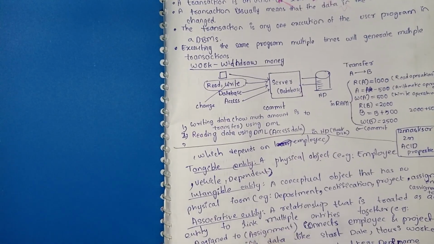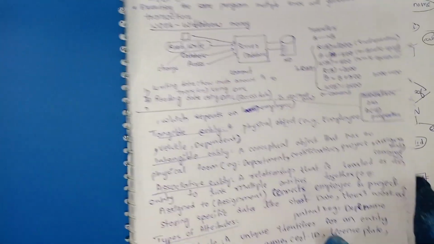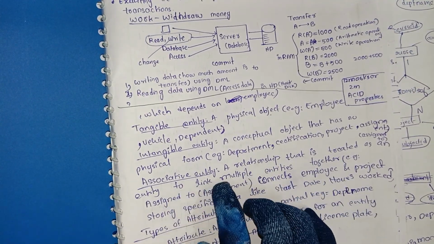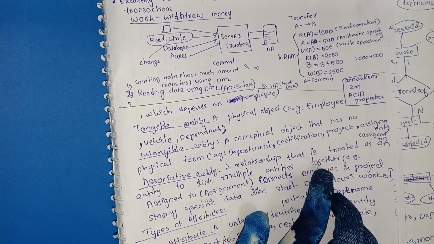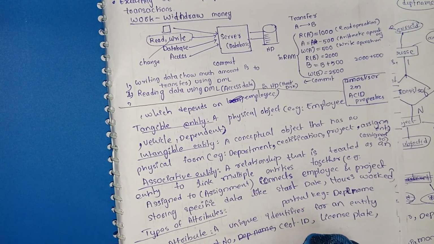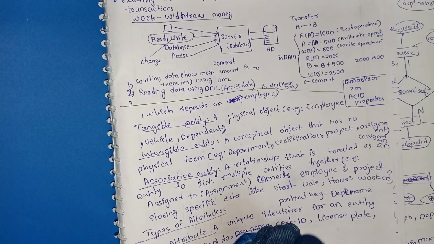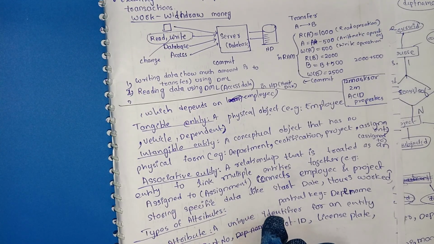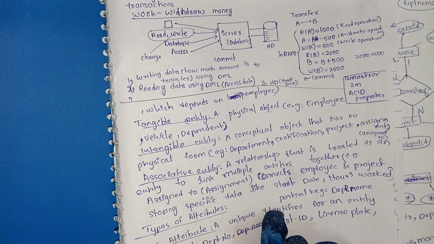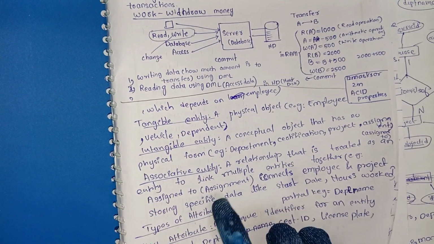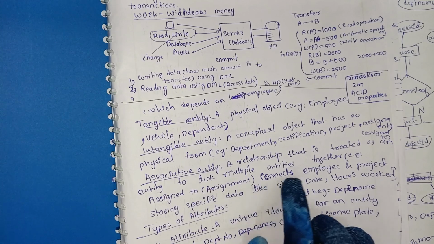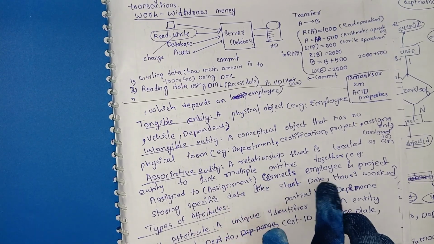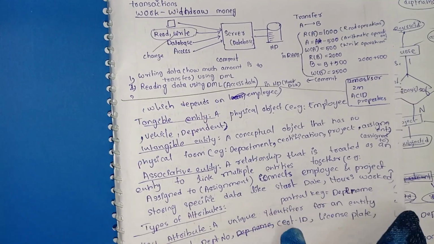And then we have associative entity. So a relationship that is treated as an entity to link multiple entities together, okay. Here the example is assigned to or assignment, okay. It connects employee and project, storing specific data like start date and hours worked.